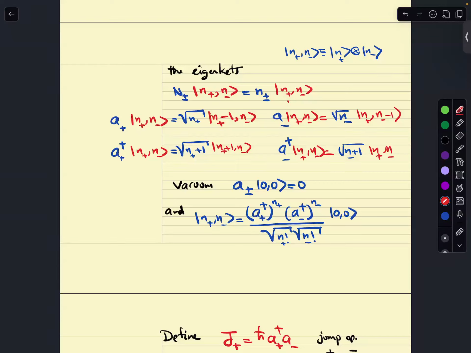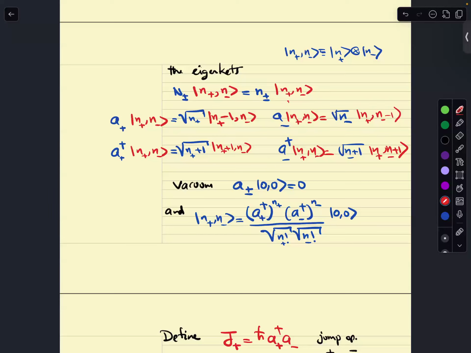Right? So this raises the n minus oscillator from n minus to n minus plus 1, and this is a coefficient that we found for it. Similarly here, right? So the vacuum state is the state that is killed by both a plus and a minus, right?